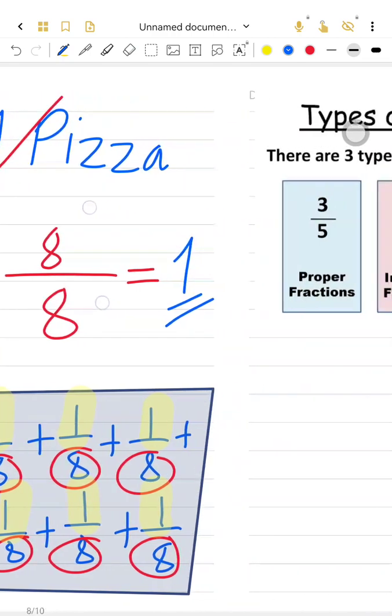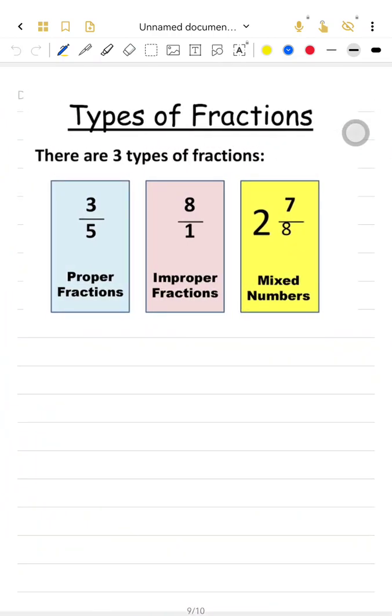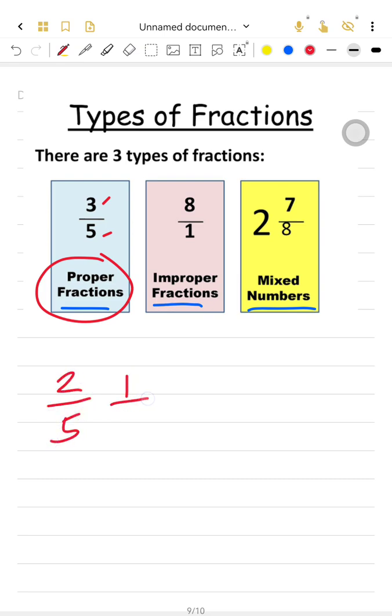Alright, so there are 3 types of fractions. The first one is proper fraction. The second one is improper fraction. And the third one is mixed number. When we say proper fraction, the numerator is smaller than the denominator. Example, we have 2 over 5, 1 over 2, 1 over 3.